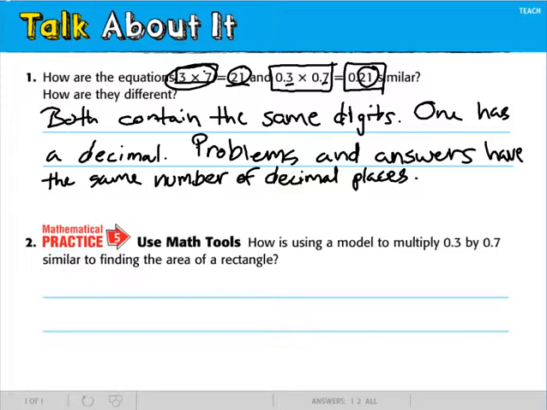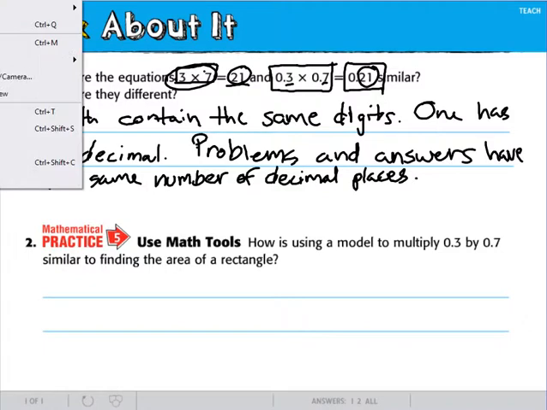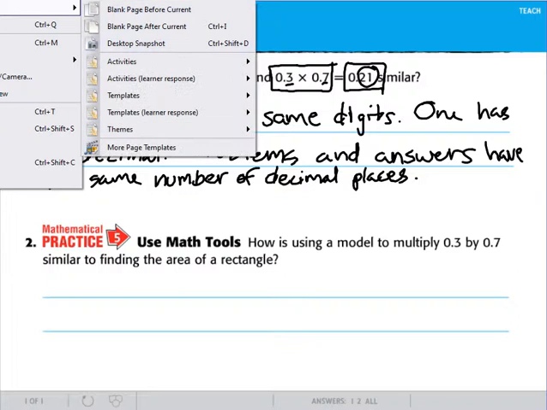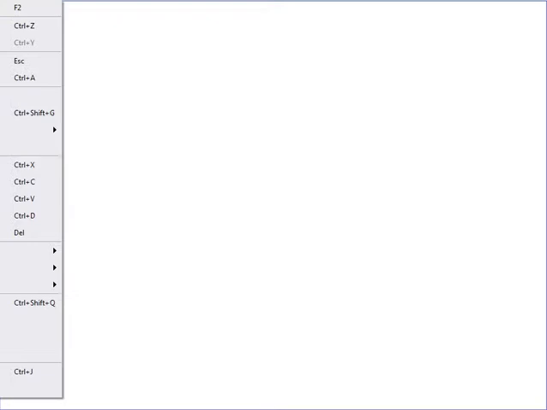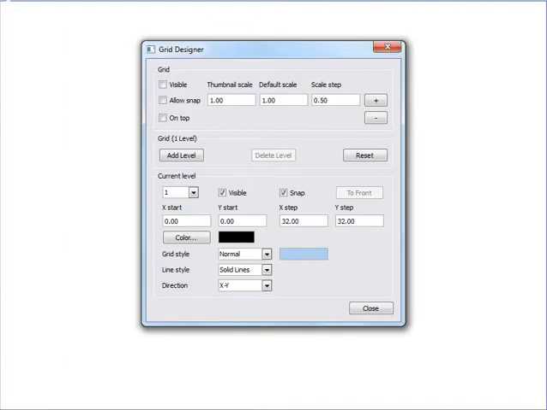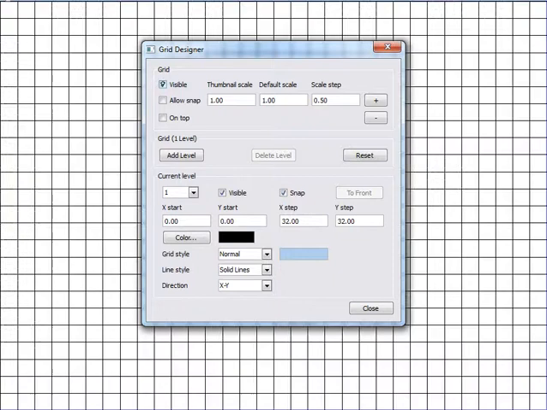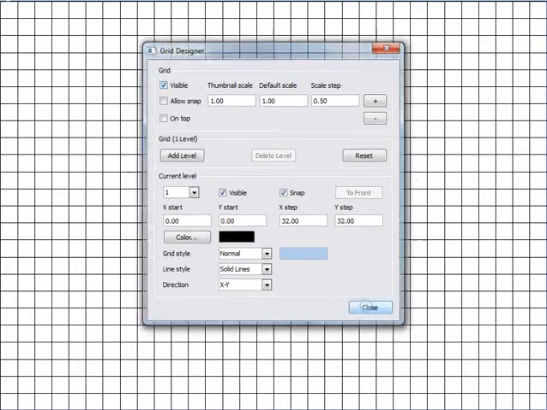So let me see here. Insert page. Okay, so I put some graph paper up here for us so we can look at this.